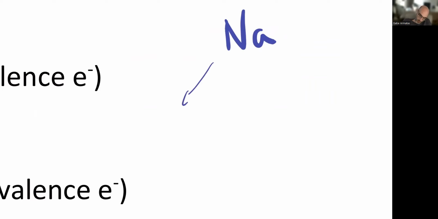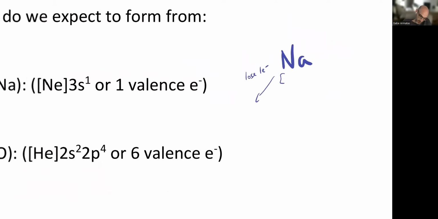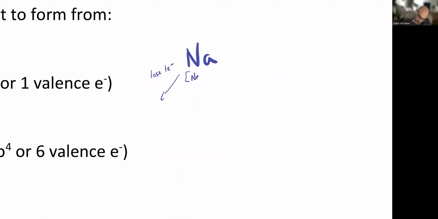If sodium loses 1 electron, so sodium being neon 3s1, if it loses that 1 electron, it now is just going to be a neon core. That's it.